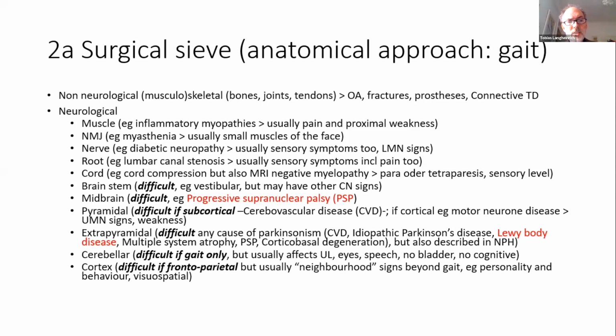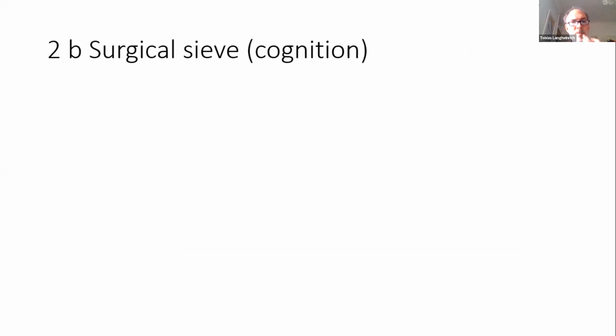Cortex, so cortical diseases, they are difficult if they affect the frontoparietal cortex, and one of those is corticobasal degeneration or atypical Parkinson's disease, basically. But again, usually people have other symptoms that may suggest why this is not an NPH type disorder, but must be a cortical dementing disorder, a neurodegenerative disease.